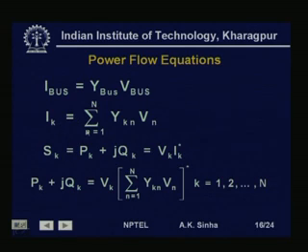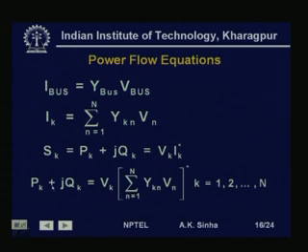Ik is equal to summation n equal to 1 to capital N, where capital N is the number of bus bars in the system. So, Ik is equal to summation Ykn into Vn for n equal to 1 to capital N. Now, we can write the complex power injection into bus k, Sk is equal to Pk plus jQk, and this is equal to Vk into Ik conjugate. Now, Ik conjugate we can write as the conjugate of this.